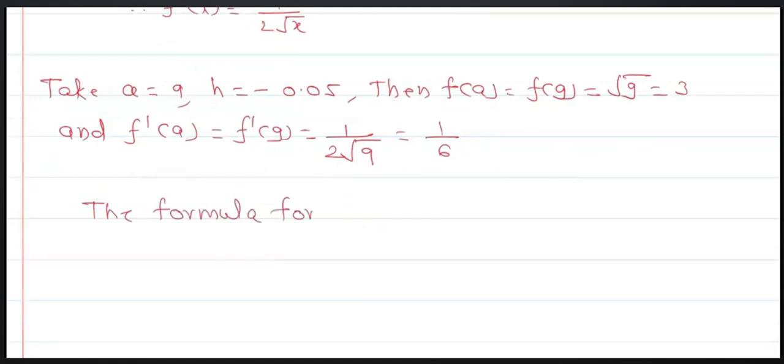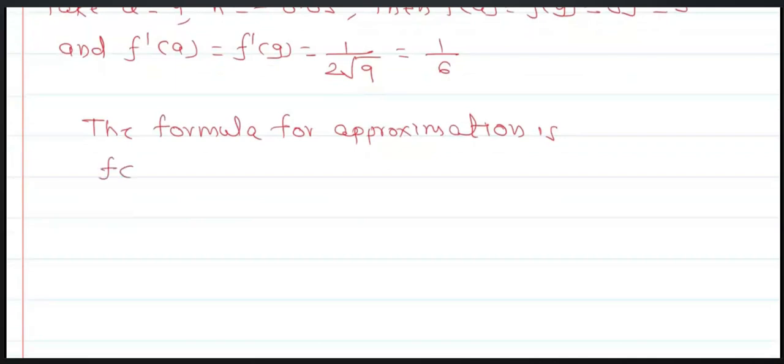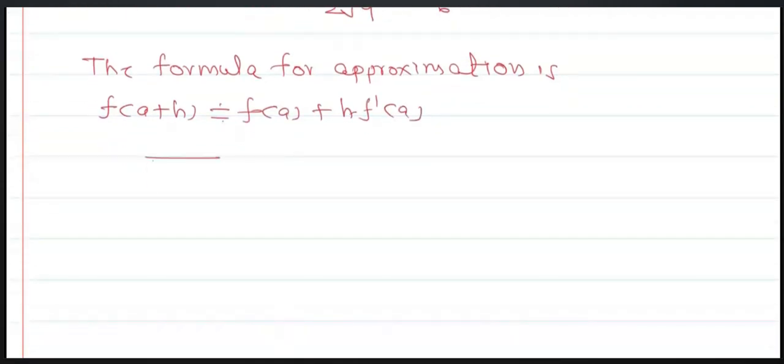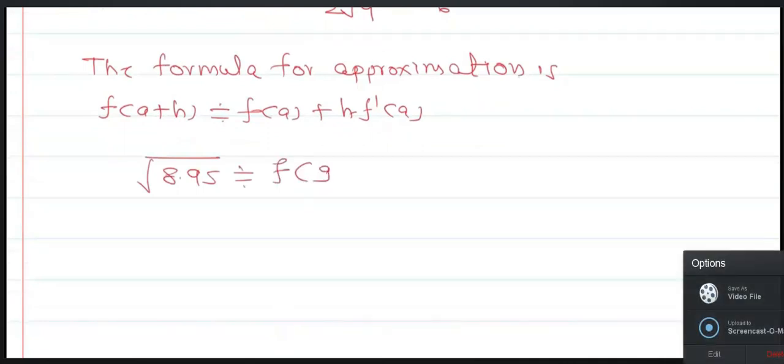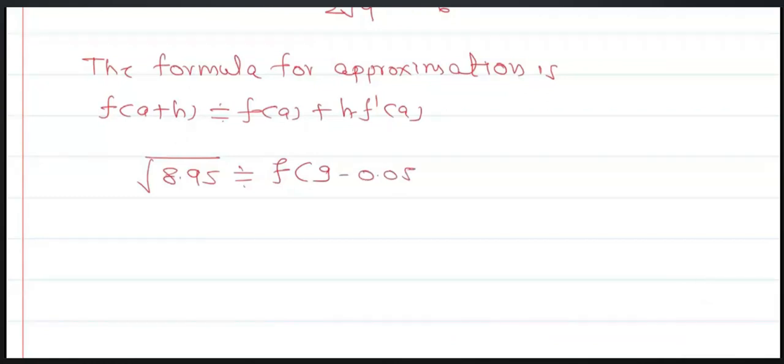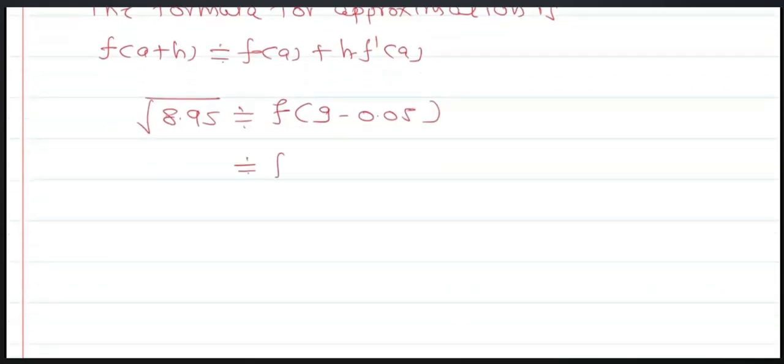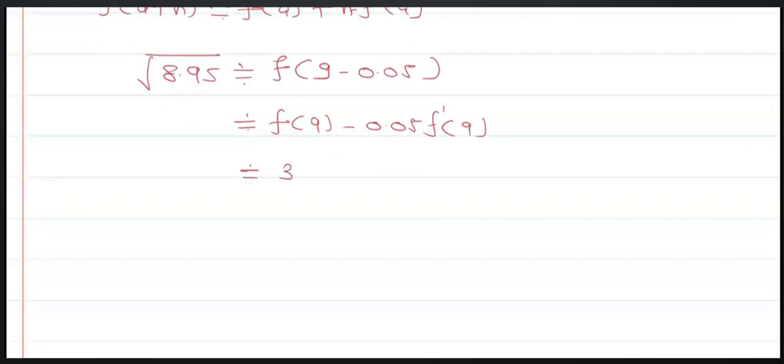Therefore, by using the formula for the approximation, f of a plus h is approximately equal to f of a plus h into f dash of a. That is, root of 8.95 is approximately equal to f of 9 minus 0.05, that is f of 9 plus minus 0.05 into f dash of 9.